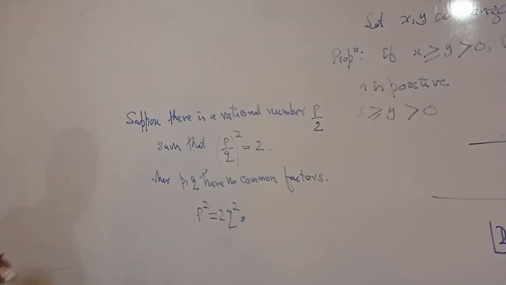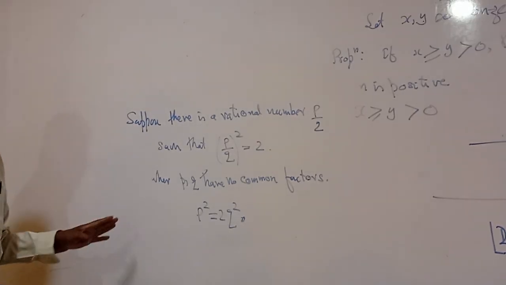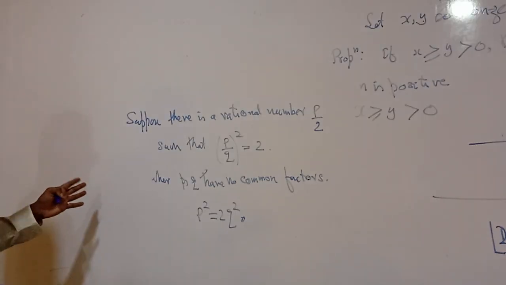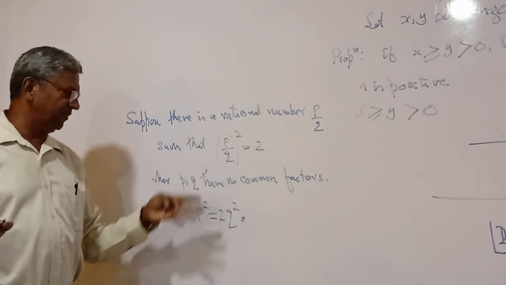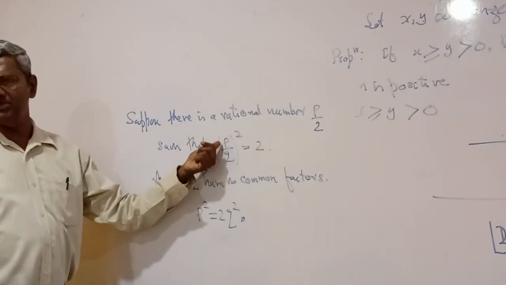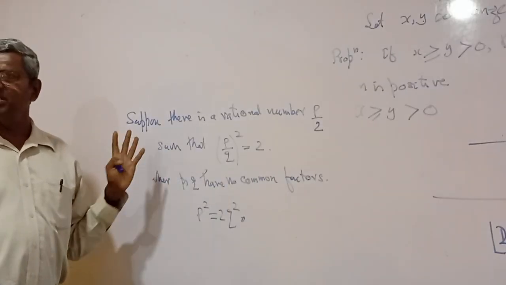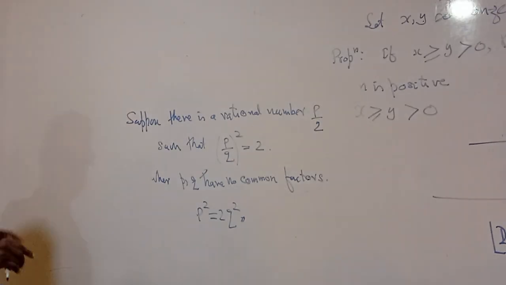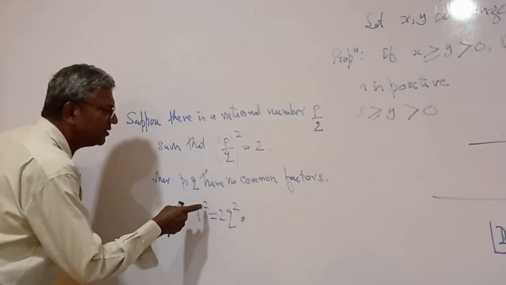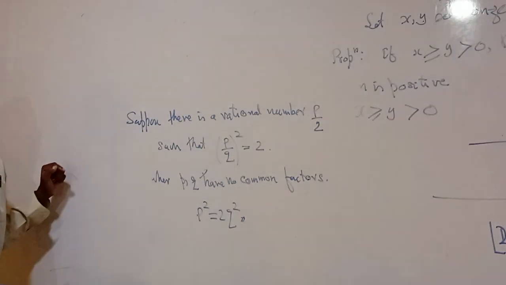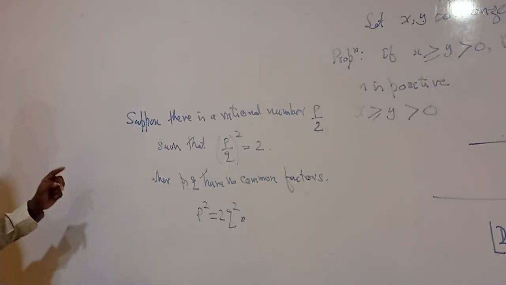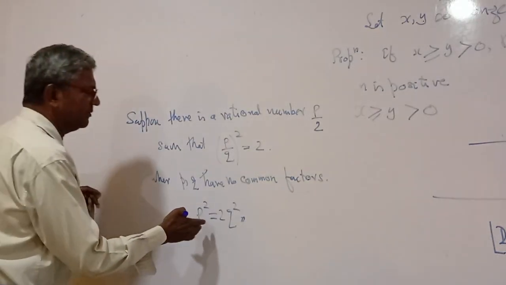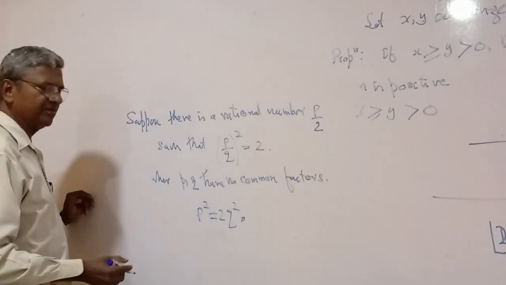It doesn't matter. Regardless of the fact that we don't know the English word for that, I am choosing P and Q so that there are no common factors. Now P squared is equal to 2Q squared. So P squared is divisible by 2, because P squared is equal to 2 times Q squared.